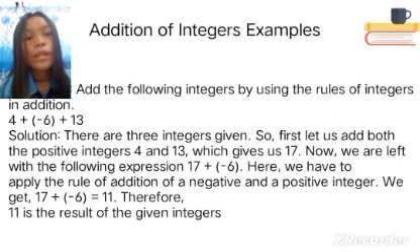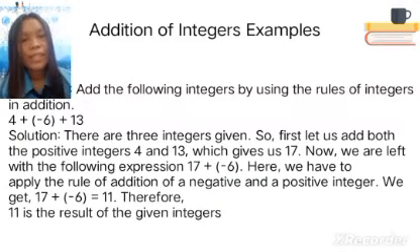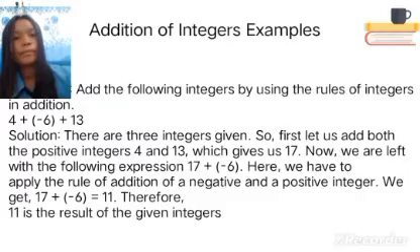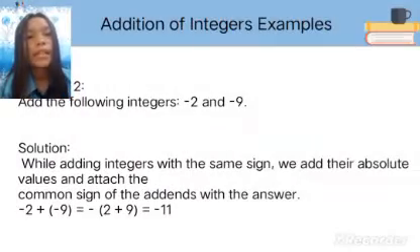Now we are left with the following expression: 17 plus negative 6. Here we have to apply the rule of addition of a negative and a positive integer. We get 17 plus negative 6 is equal to 11. Therefore, 11 is the result of the given integers.